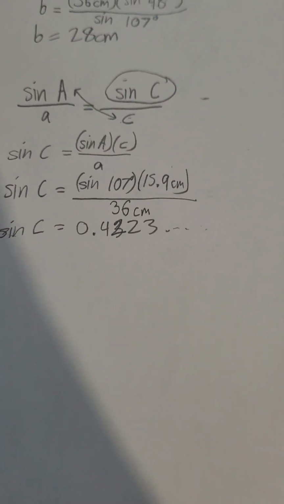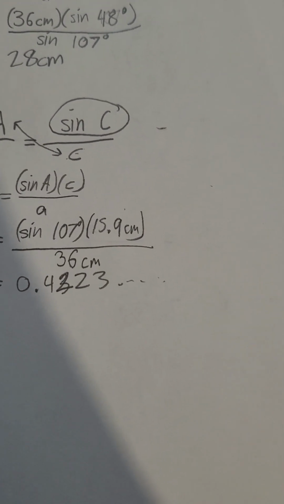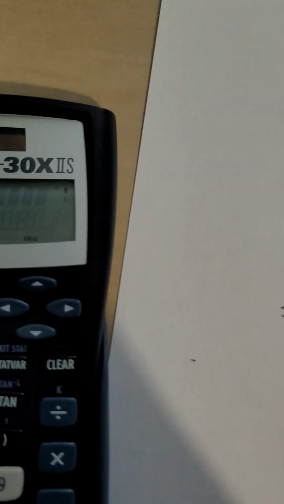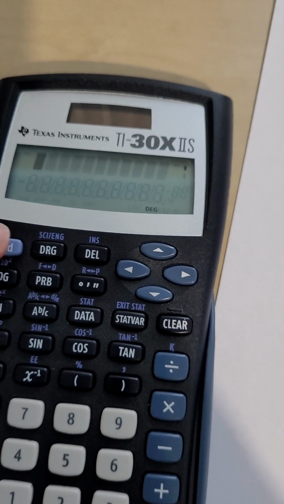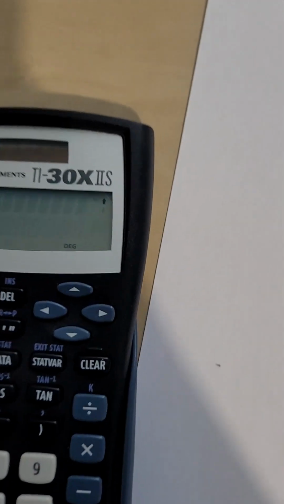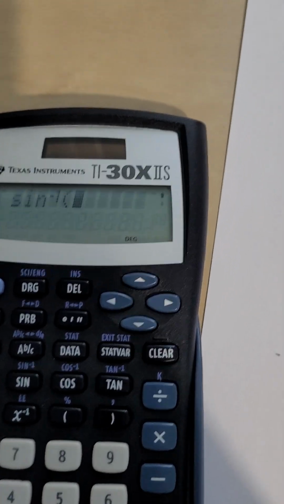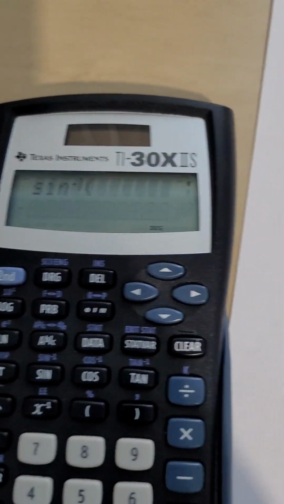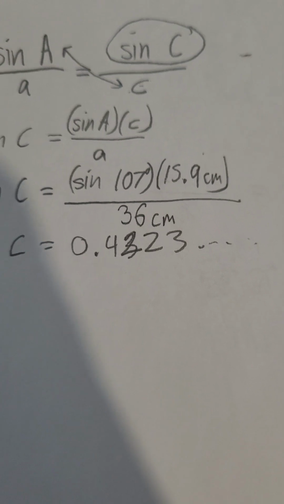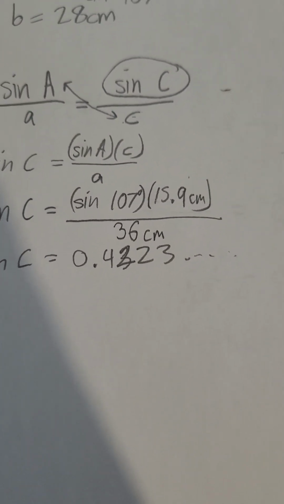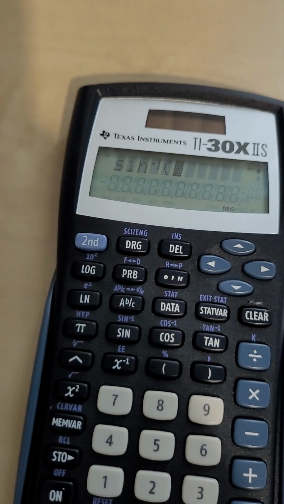Now, if we want to get the value of C on its own, then we will just clear the calculator, and we will go to our second function and go sine inverse, and then we will plug in the original equation of sine 107 times 15.9 over 36 centimeters. So I'm just going to cut to that.